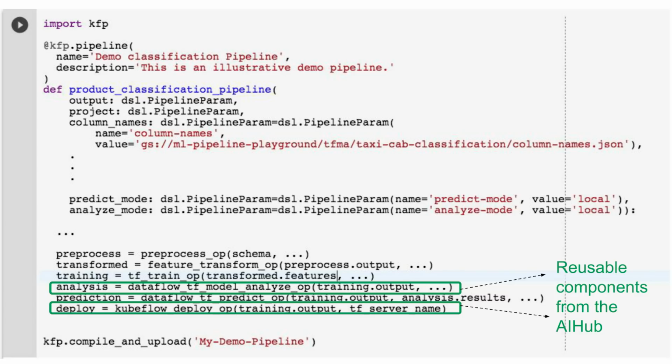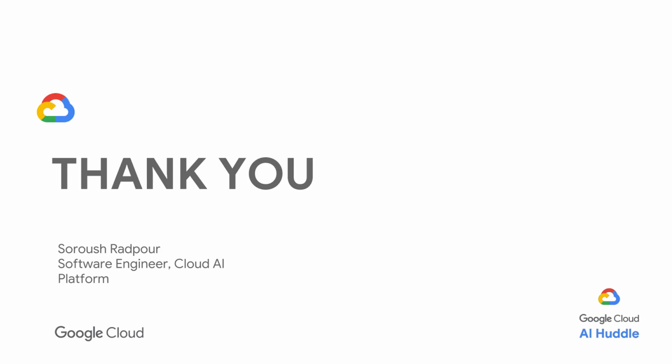Once you find the right component that does what you care about, calling it in your pipeline is as easy as just calling a function in your Python code. And we find the containers that need to run as part of this AI Hub component, and we'll add them to your pipeline, basically. Yeah, that's all that is.